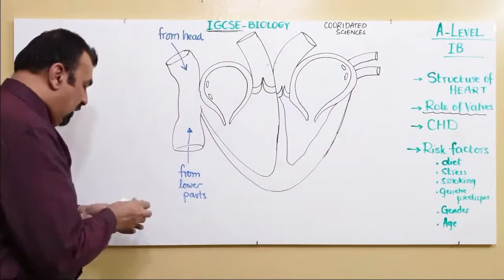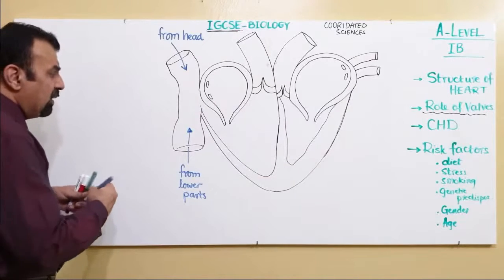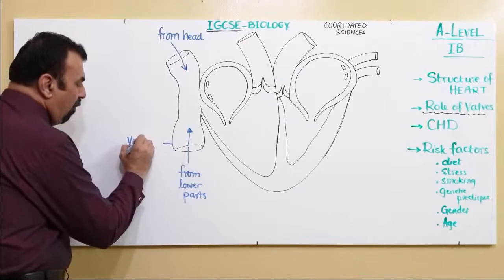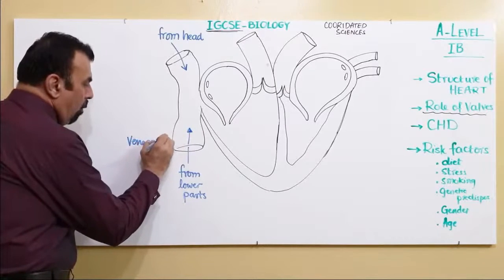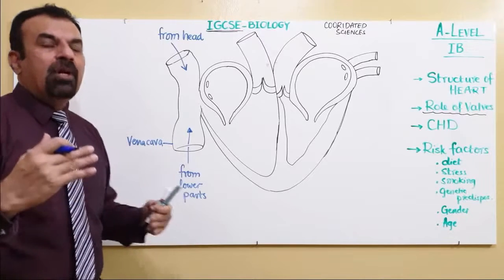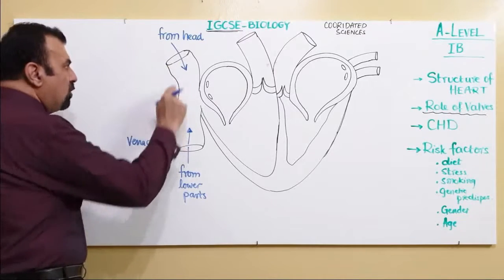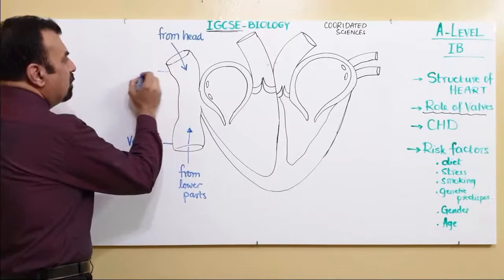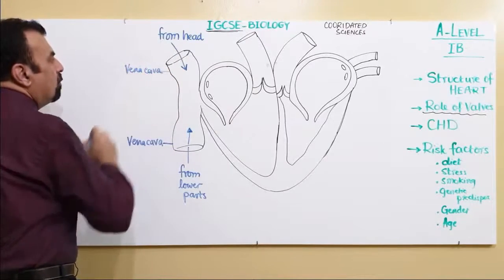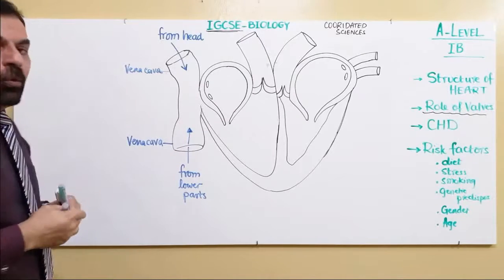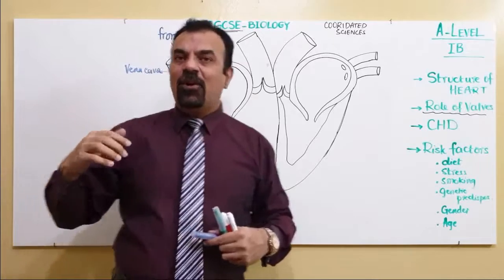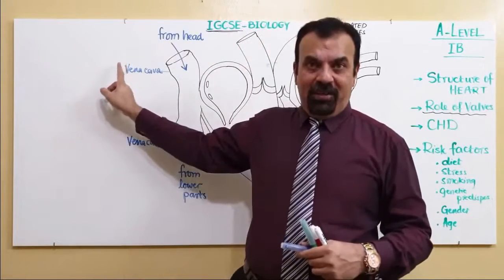And what are the names of these veins? This particular vein is actually a vena cava. The name vena cava refers to both of these. Both of these are vena cavas. But the one which is bringing blood from the top is called the superior vena cava.